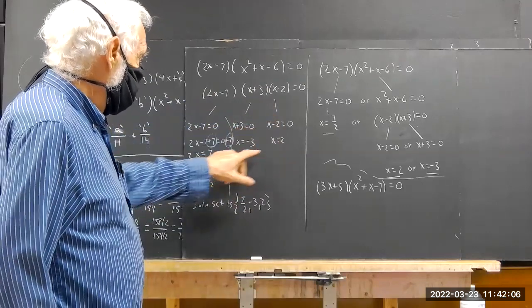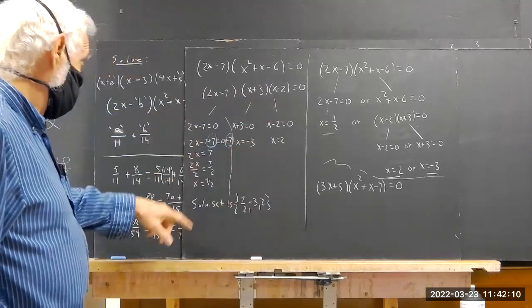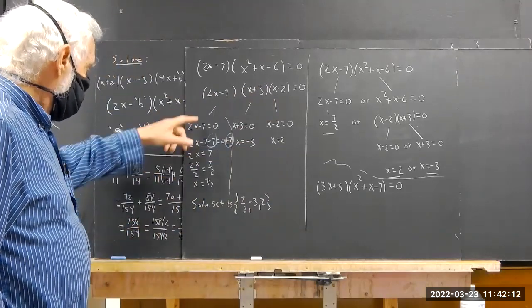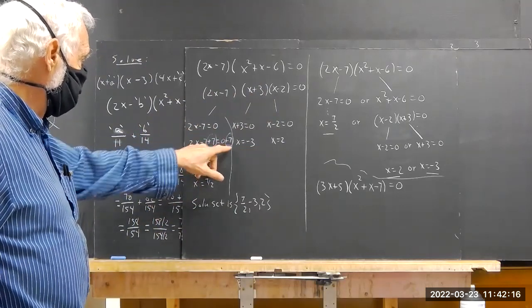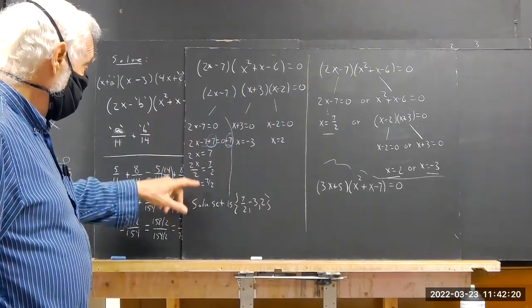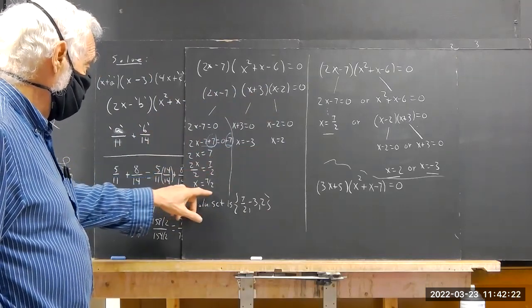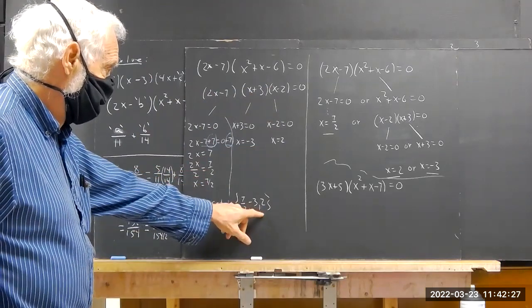This and this are really easy to solve. You just do it by sight. This one, we want to go through the steps. We have 2x minus 7 equals 0. We add 7 to both sides to get 2x equals 7, we divide both sides by 2. We get x equals 7/2. And our solution set is 7/2, negative 3, 2.